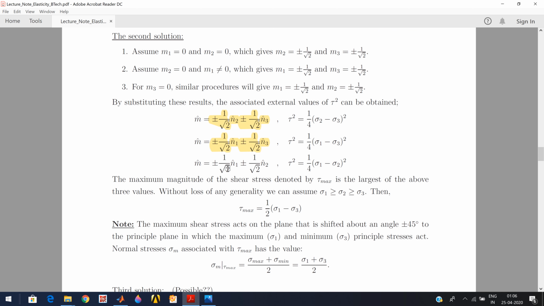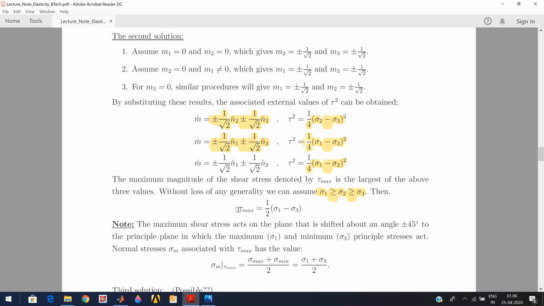The third one is at the intersection of n1 and n2. And if we use these values, we will see the magnitude of the shear stress on these planes. These three values you will get. Now we have not given any specific choice to sigma 1, sigma 2, sigma 3. Now we can arrange them such that sigma 1 is greater than sigma 2 greater than sigma 3.